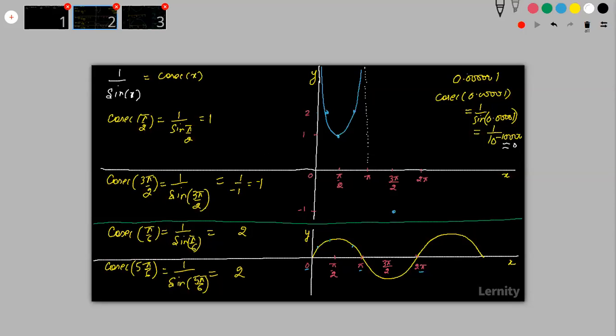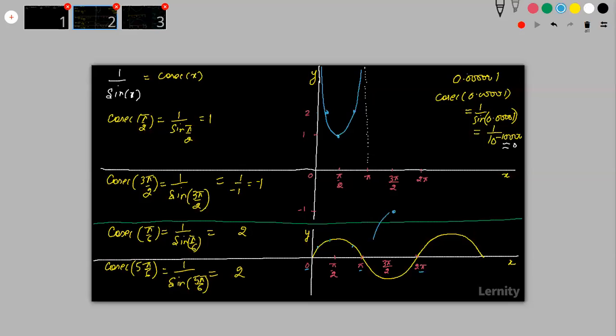Whatever positive we have made here, we will make exactly the same thing in the negative direction. Understood? I will try to make the graph.